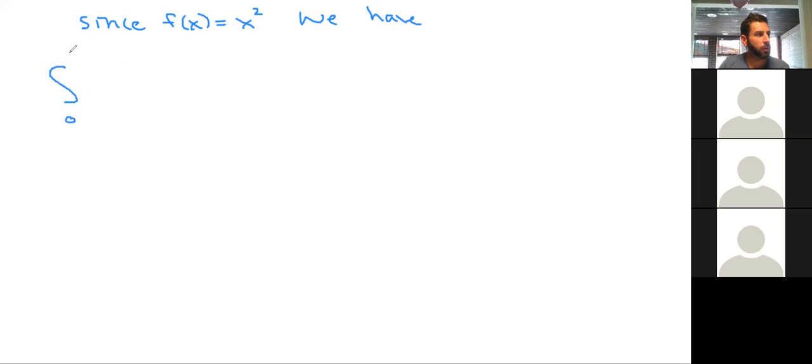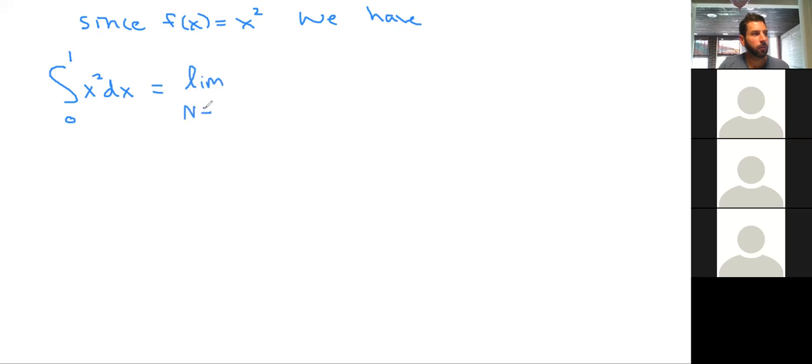So what's next? What is our integrand here? Our integrand is f of x equals x squared. Here's what we have. The integral from 0 to 1 of x squared dx is the following limit.